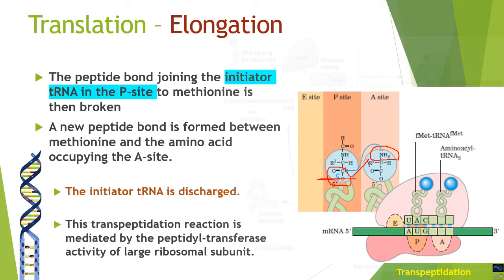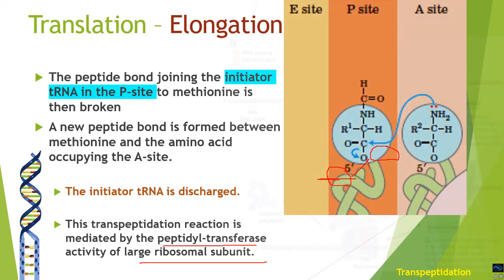The initiator tRNA is then decharged. It is devoid of any amino acid. Transpeptidation, this reaction of creating a bond between the two amino acids, is the function of the large subunit of the ribosome, which has peptidyl transferase activity.